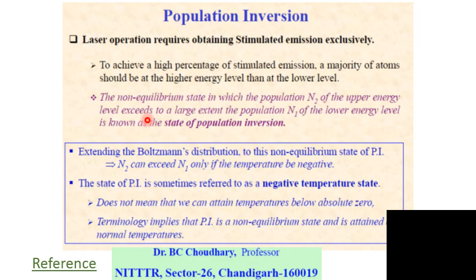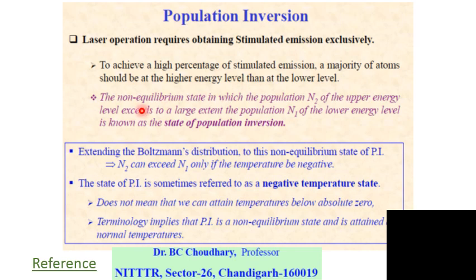We know that for the laser we need stimulated emission. And we can get this stimulated emission if we have a high population of atoms at the upper energy level compared to the lower energy level. Until we get the majority of atoms at the higher energy state, we can't get stimulated emission.